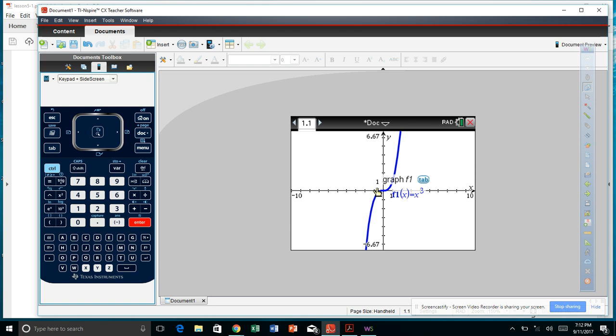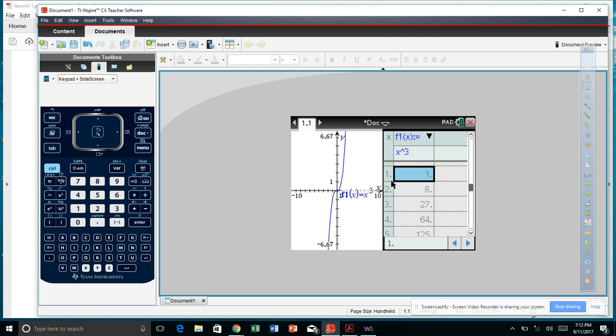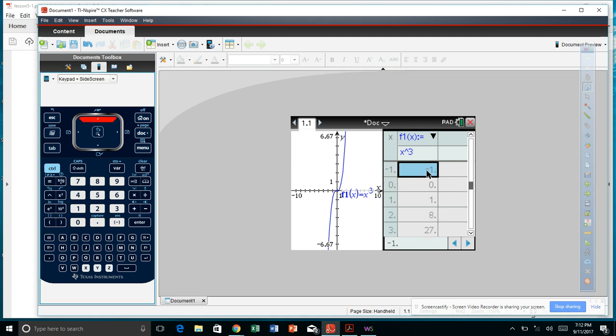An easy thing to do, press Control T for table. And if you look, (1, 1), and then scroll up there, (-1, -1). So the parent graph has (-1, -1), (0, 0), and (1, 1).